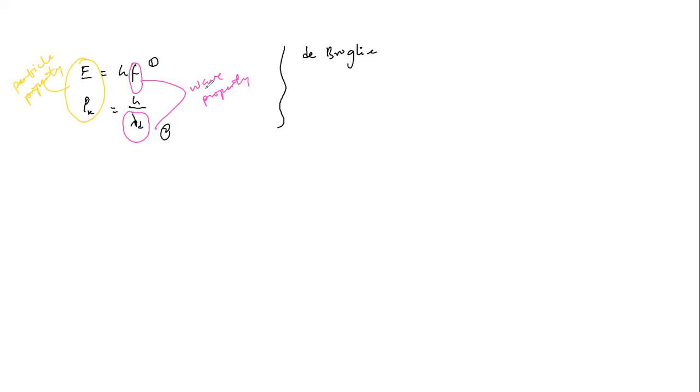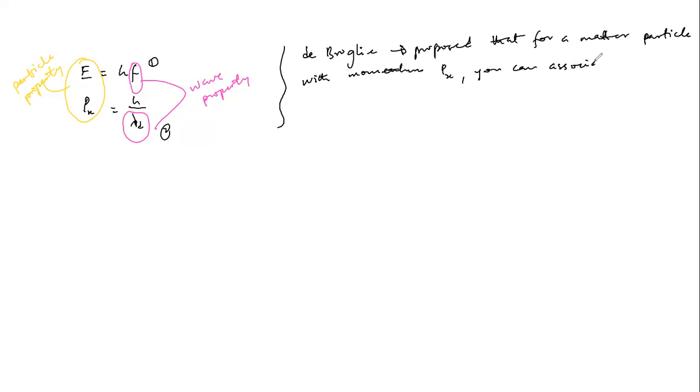De Broglie proposed that for matter, a particle with momentum p sub x, you can associate a plane wave of wavelength lambda d being the same as h over p sub x.